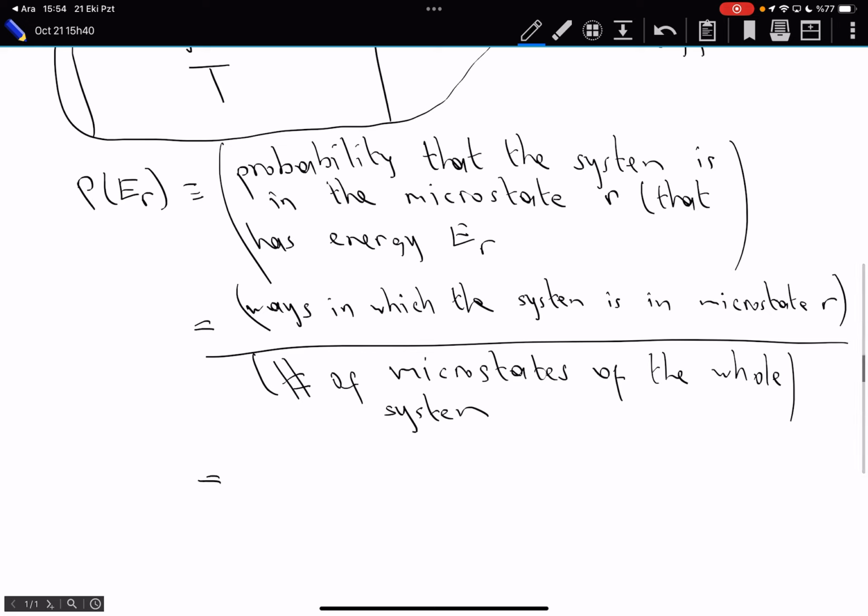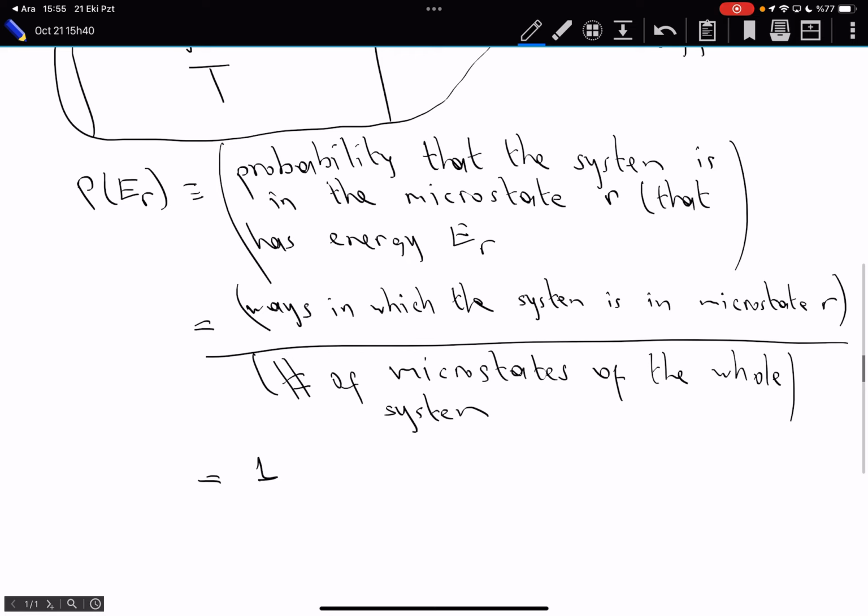Now, what is the number of ways in which my system is in the microstate R? How can I calculate it? Basically my whole system is made up of two parts. The ways in which my system is in that particular state will be 1, because that is the only state I want. I'm looking for the probability of my real system to be in one particular microstate.